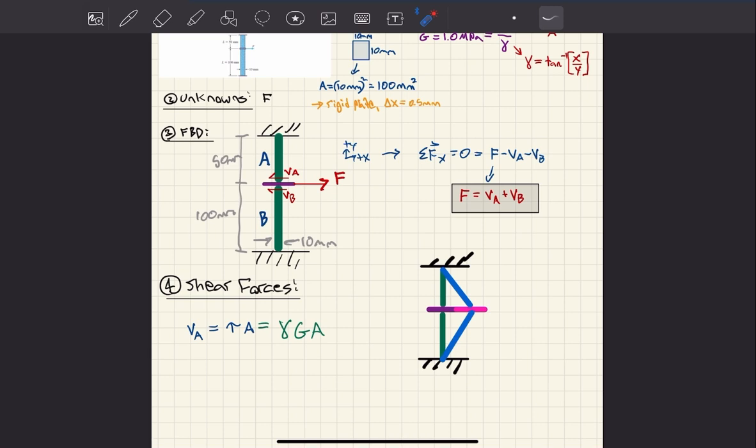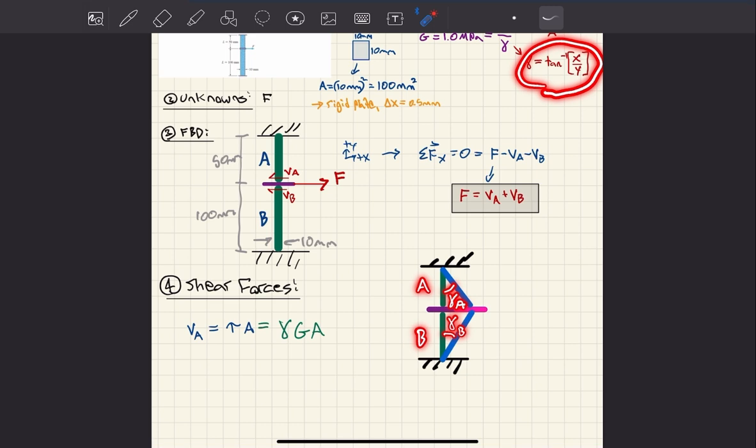Well, I'm basically looking for this angle right here, right? This angle of deformation. If this is our bar A, this is our bar B, this is strain B, and this is strain A, right? How can I find them? Well, I can find it using this tangent formula because I know what x and y is.